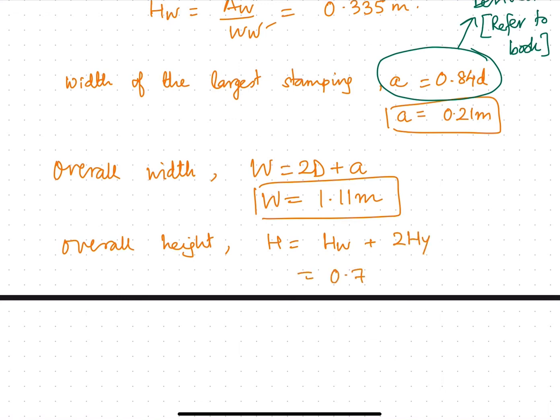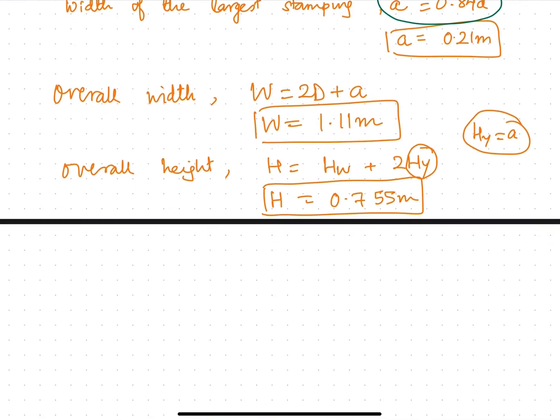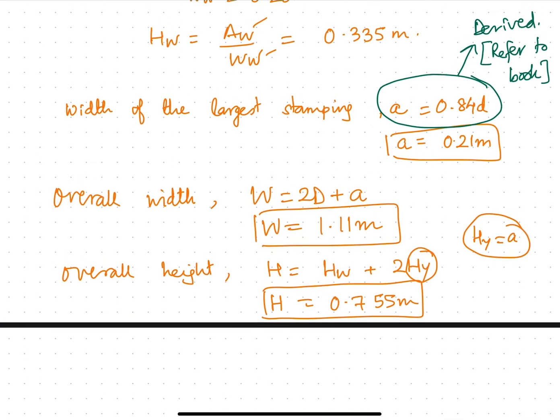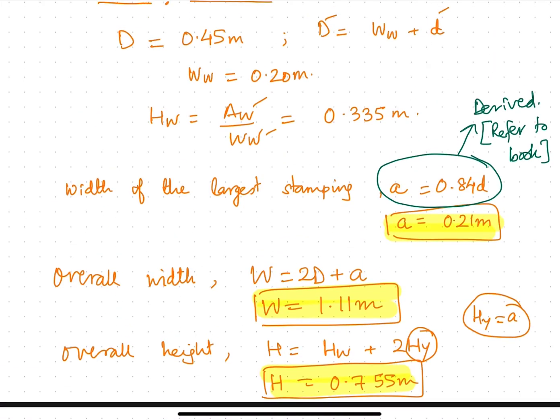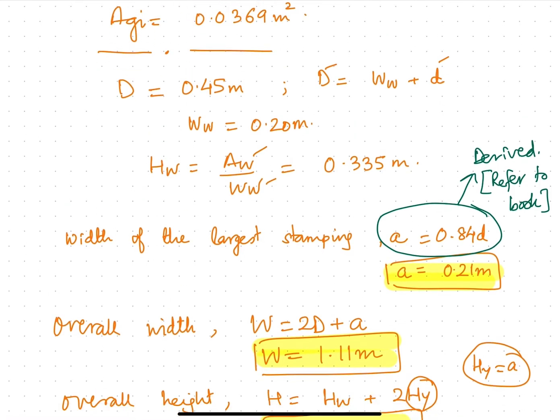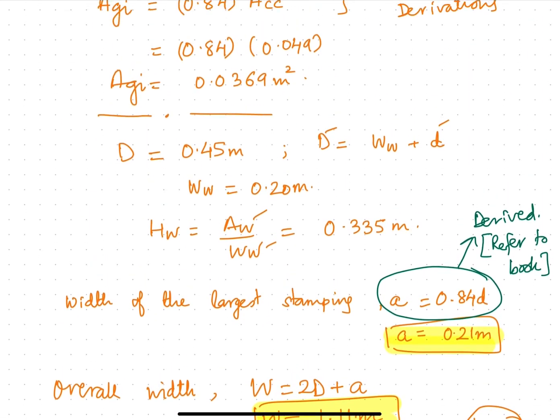So this comes out to be, where this HY is equal to A, the width of the largest stamping. So we calculate the overall dimensions, the width of the largest stamping, the width of the window, width of the transformer, and height of the transformer. So these three factors were asked from us, and we have been able to calculate these factors.